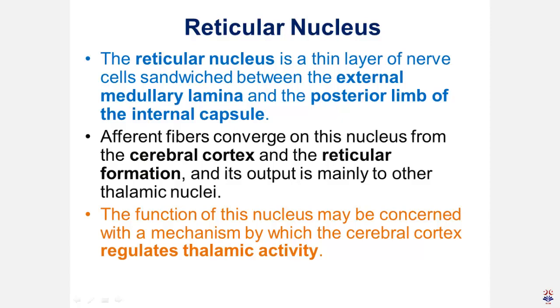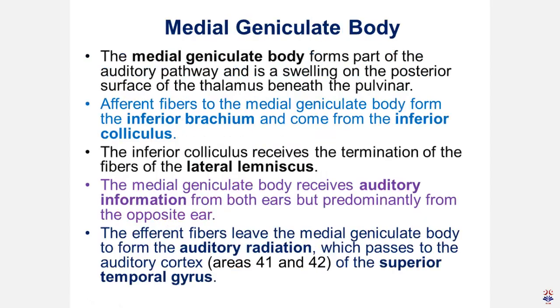Afferent fibers converge on the nucleus from cerebral cortex and reticular formation, and its output is mainly to other thalamic nuclei. Function of reticular nucleus may be concerned with mechanism by which cerebral cortex regulates the thalamic activity.